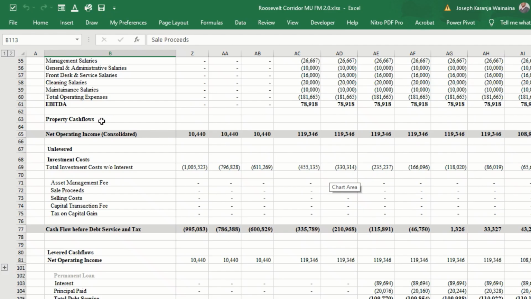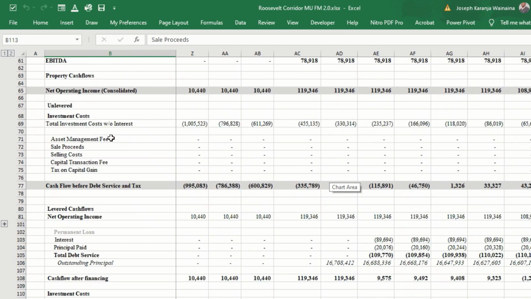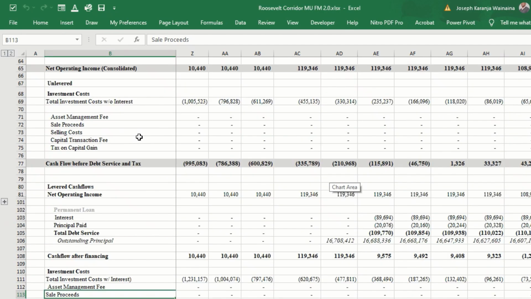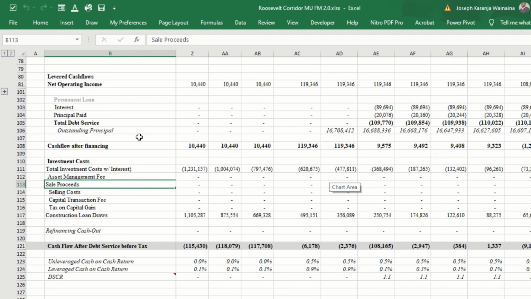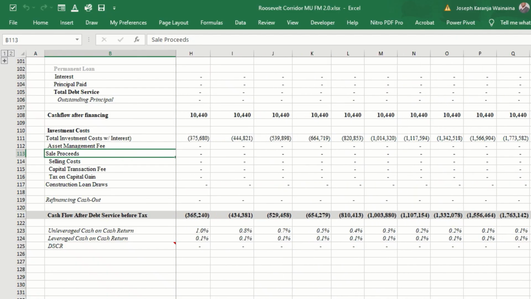So here below we do have now the net, the consolidated cash flows for each and for the total components. We do have now for the financing. You can see the PAM loan for the debt component. We do have the cash flow after financing here. We also have now, in case we do have a refinancing, the cash outflow is indicated here.